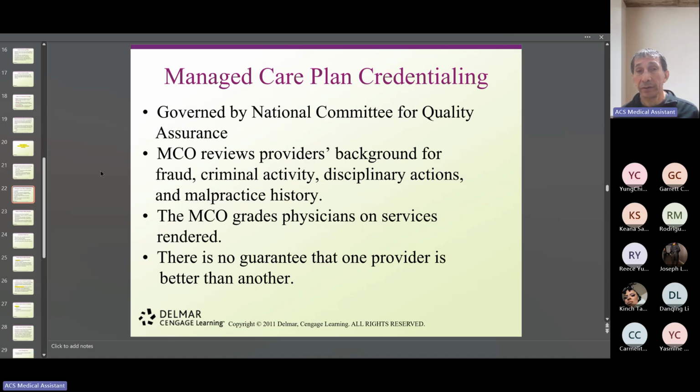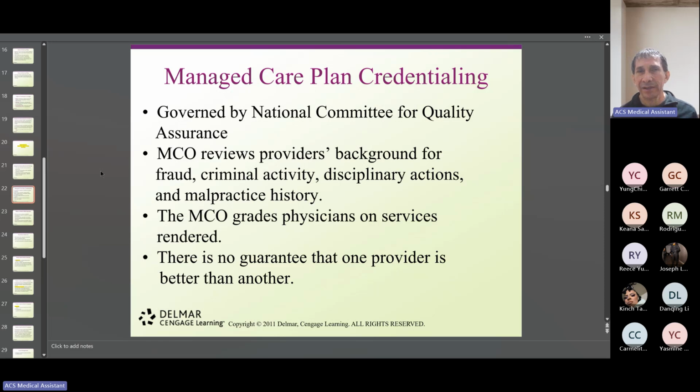These are the ones monitoring that medical providers don't have any disciplinary actions or malpractice history, because they have to make sure that whoever is providing services to patients under these managed care plans has all the qualities to render the services. That's basically what it is.